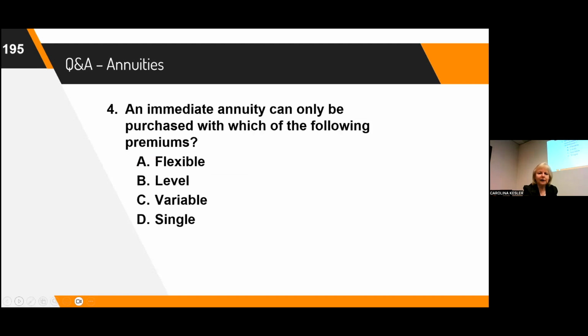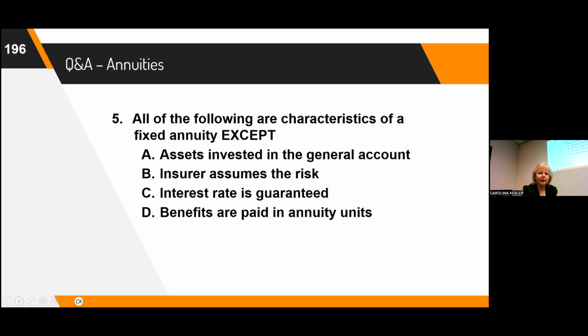An immediate annuity can only be purchased with what? Single premium, right? All the following are characteristics of a fixed annuity, except: benefits are paid in annuity units. What the heck is that? We never talked about annuity units, did we?